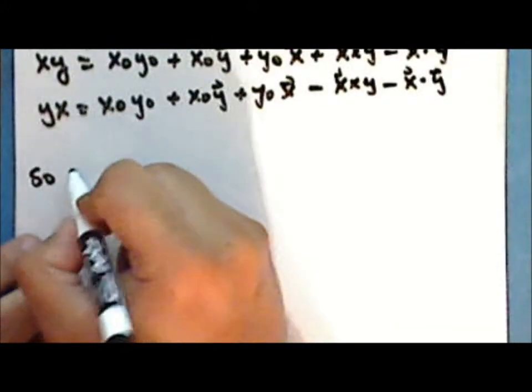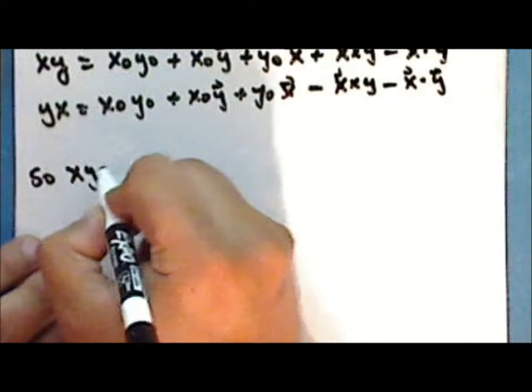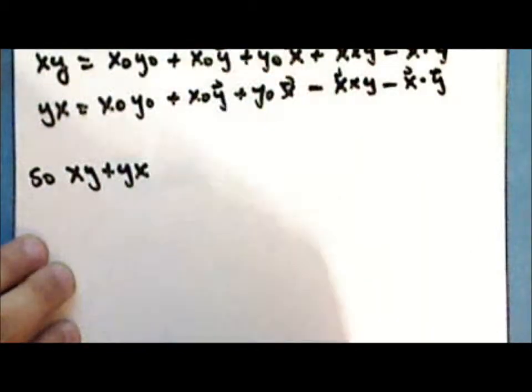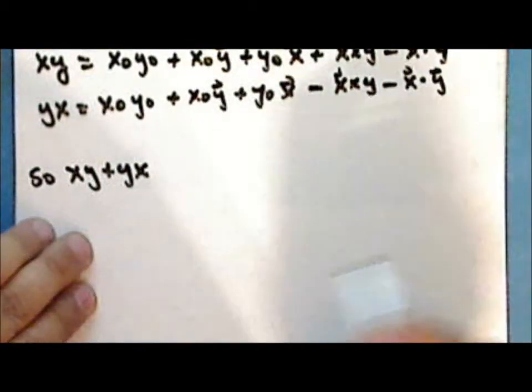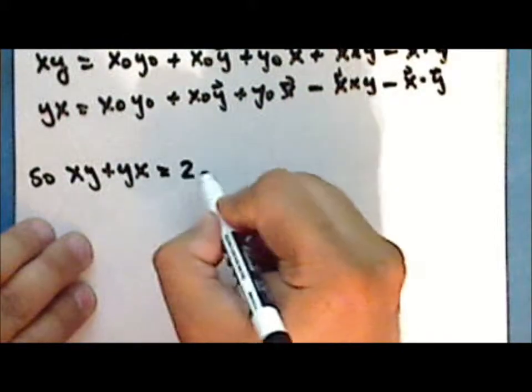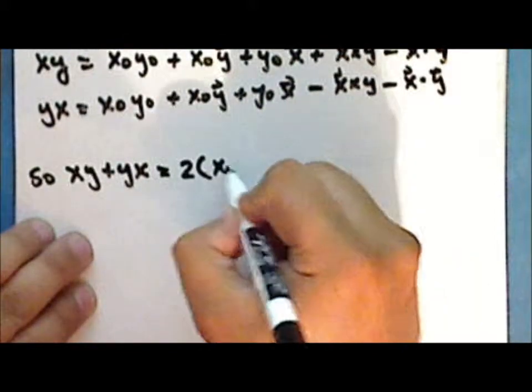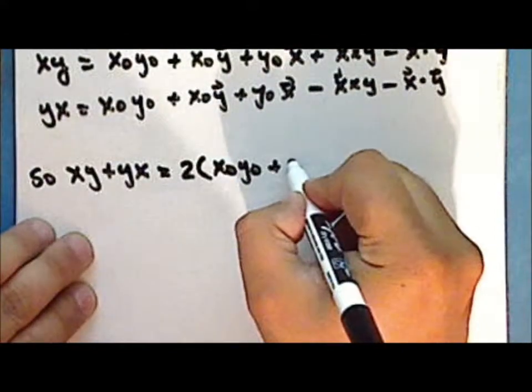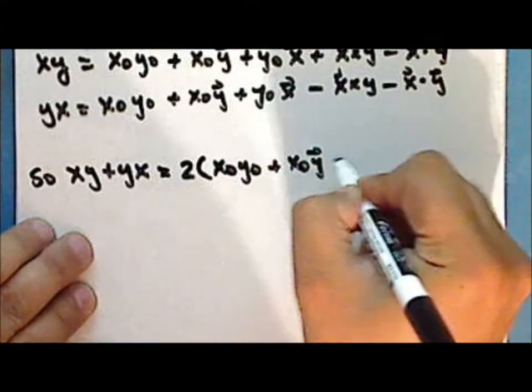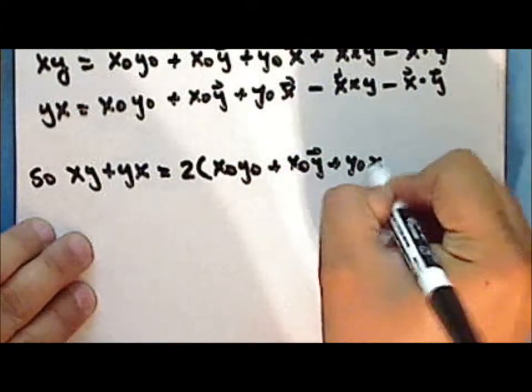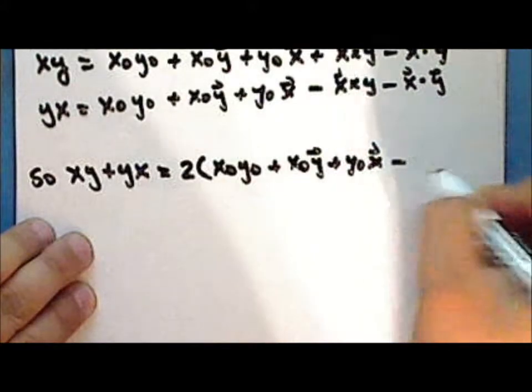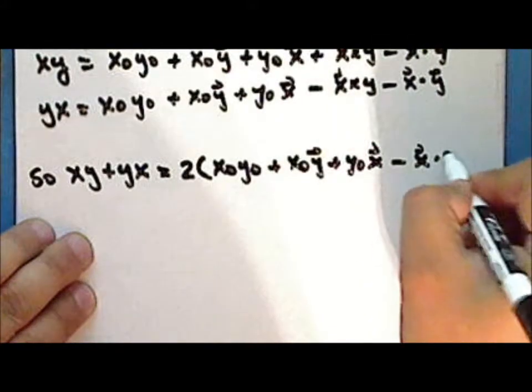And so x times y plus y times x in normal quaternion multiplication is 2 times the quantity x sub naught times y sub naught plus x sub naught times the vector y plus y sub naught times the vector x minus the dot product of x and y.